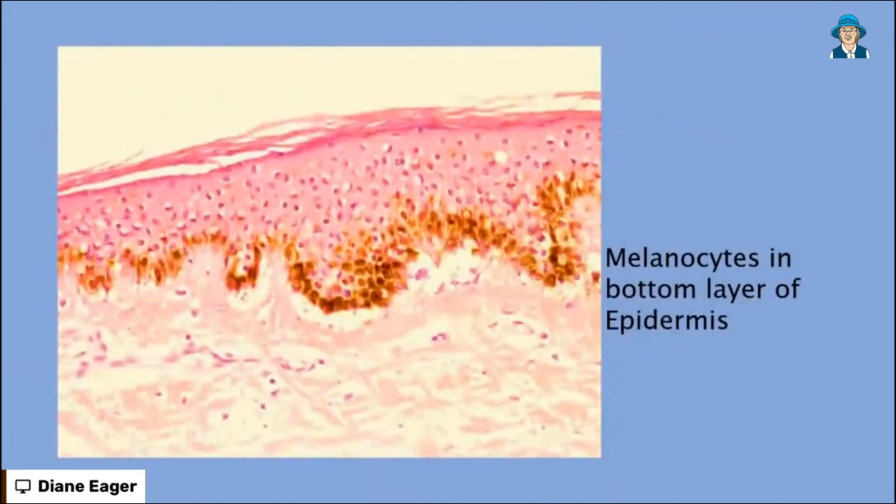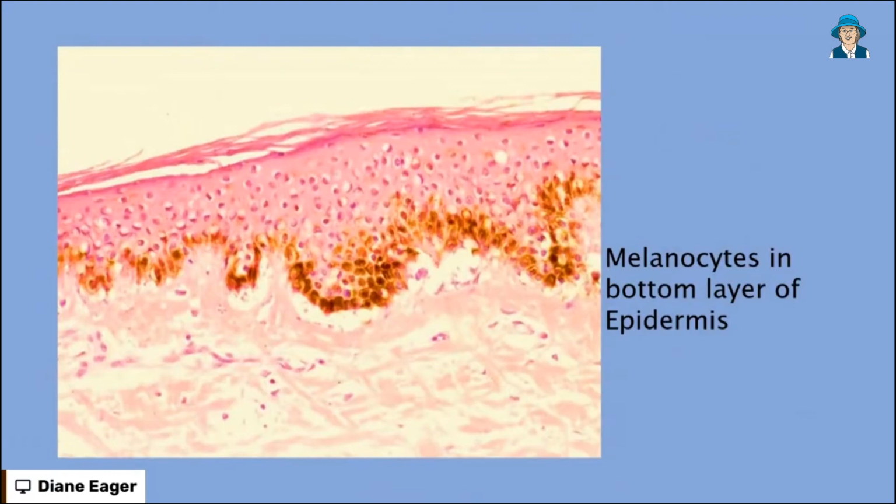Let's have a look at some of those melanin cells, where they are. They sit along that borderline. Remember this very curved borderline that you've got there, so that you've got a good grip from the epidermis to the dermis.